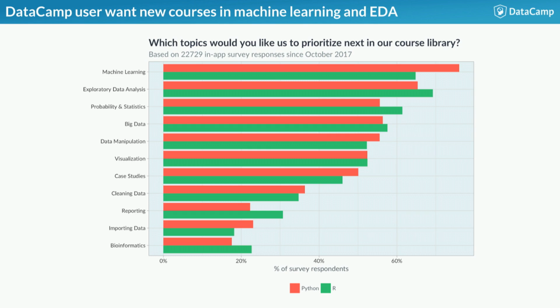What you observe as well is not only is machine learning the most requested topic, but also it confirms something that you might have known anecdotally. Python users are, relatively speaking, more interested in machine learning than R users. On the flip side, R users are, relatively speaking, more interested in things like bioinformatics and statistics. So it's really fascinating that some of these things that you might know to be true, we can actually observe in our data.